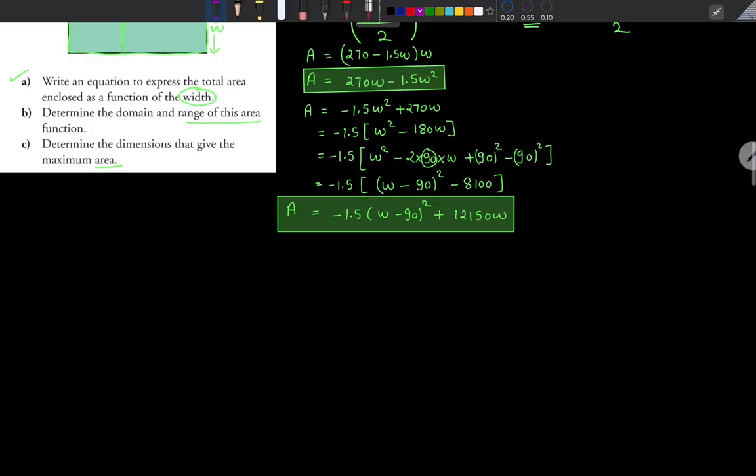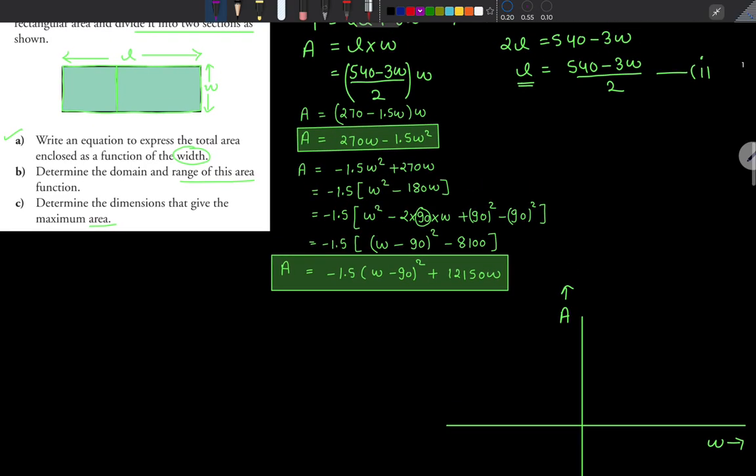Now if this is our graph, with area on this axis and W on this axis, the vertex of this function will be 90 and 12150.